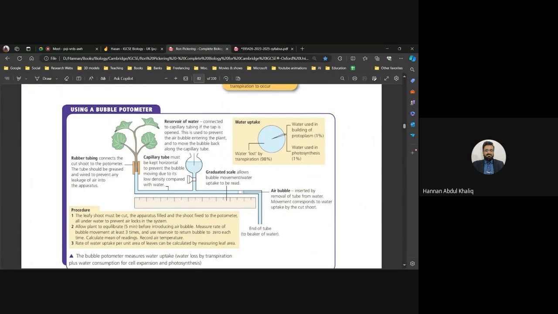So if you are using the temperature to check whether the transpiration would increase or decrease, what would be your independent variable?